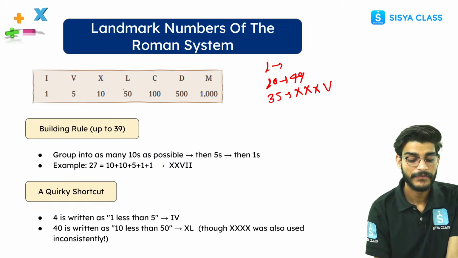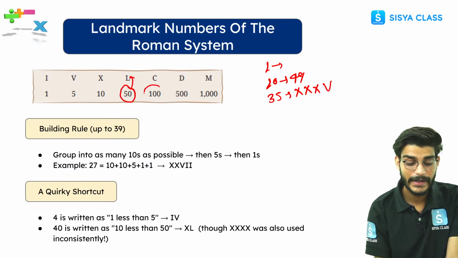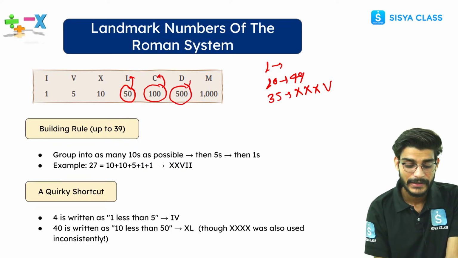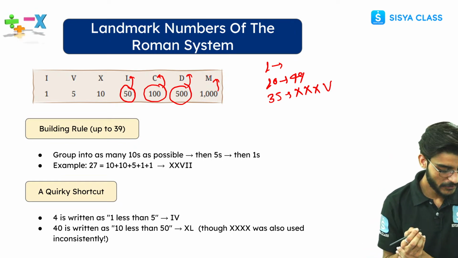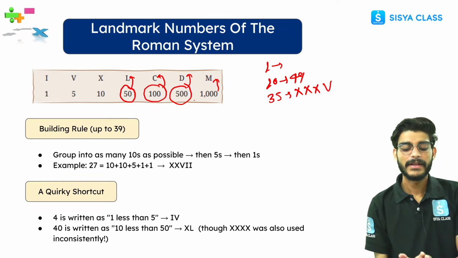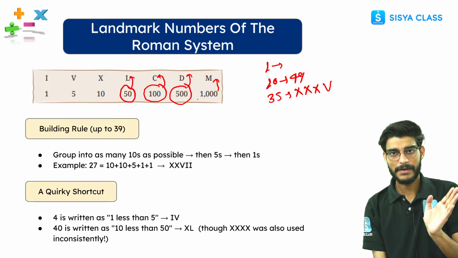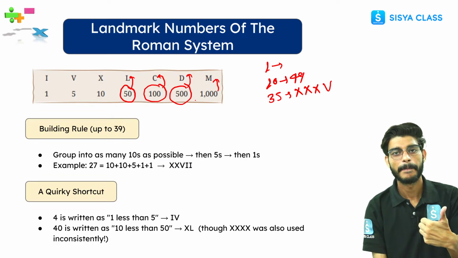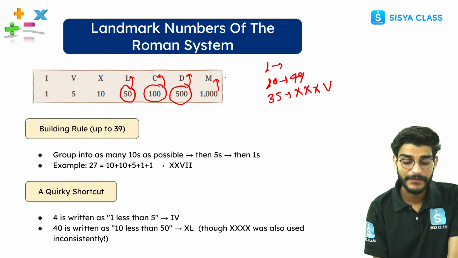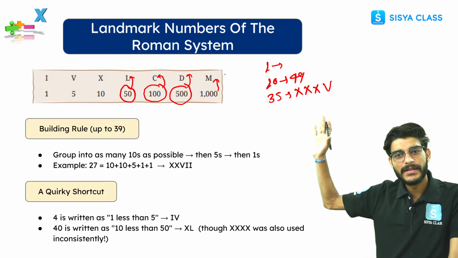For 50 they gave L, for 100 C, for 500 D, for 1000 M. If you see, after some interval there is some new notation of numbers, right?